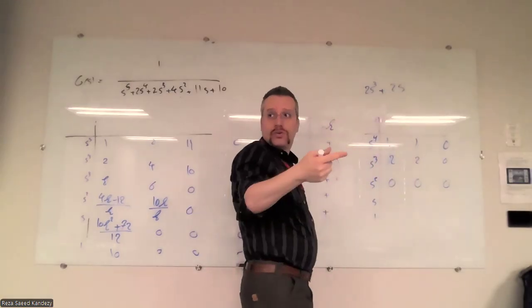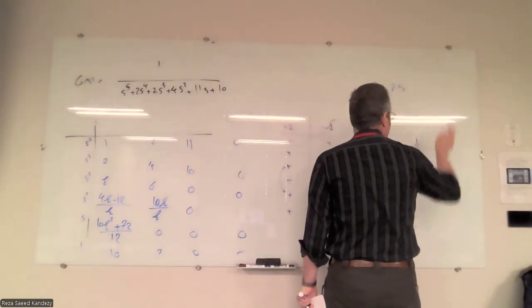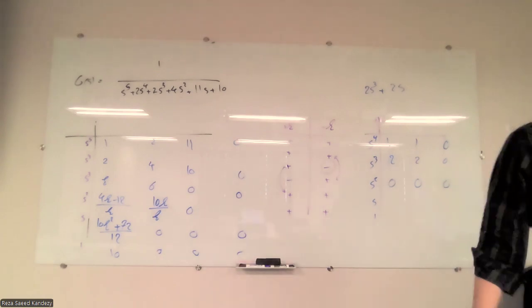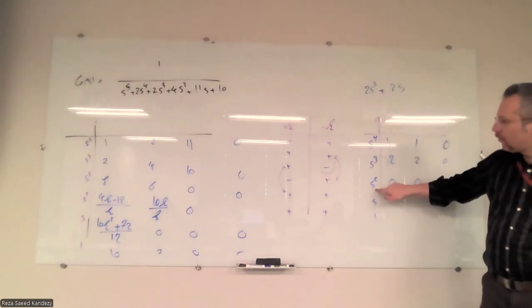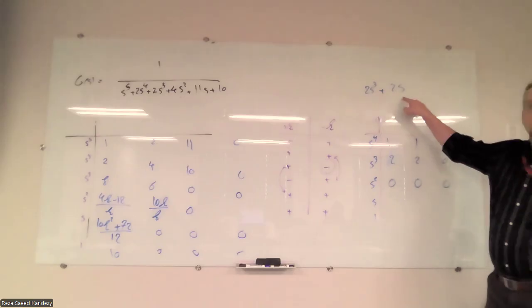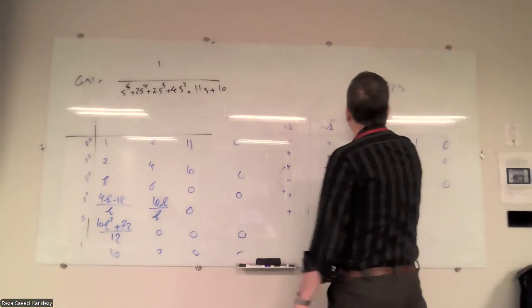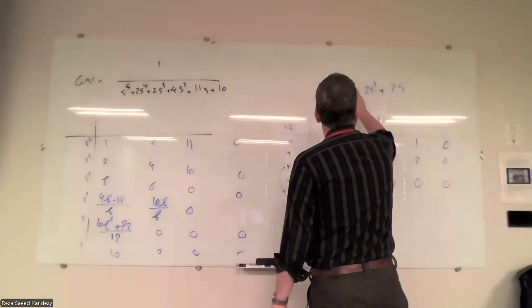Remember, we skip one order, okay? 2S, and this is 0, so plus 0, it doesn't matter. Now, what we want to do for developing the row for S squared is to simply take a differential with respect to S.